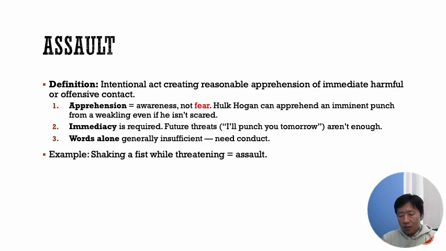Assault must be combined with some physical interaction. But the physical interaction does not need to be physical contact, though it does require a demonstration of some physical interaction. Example: if A is shaking a fist while threatening B, that constitutes assault.